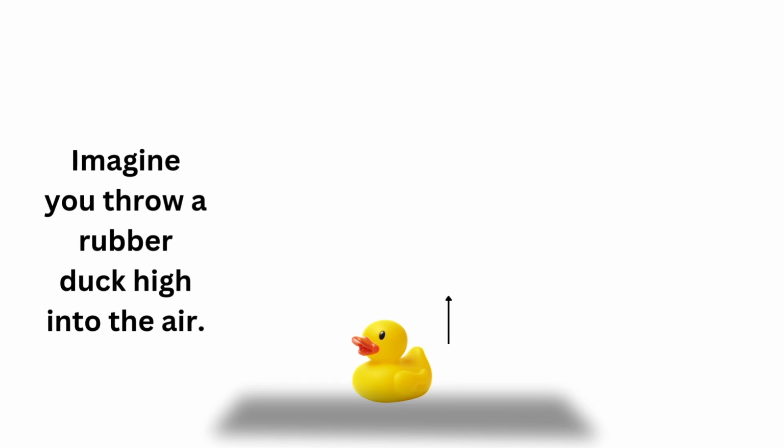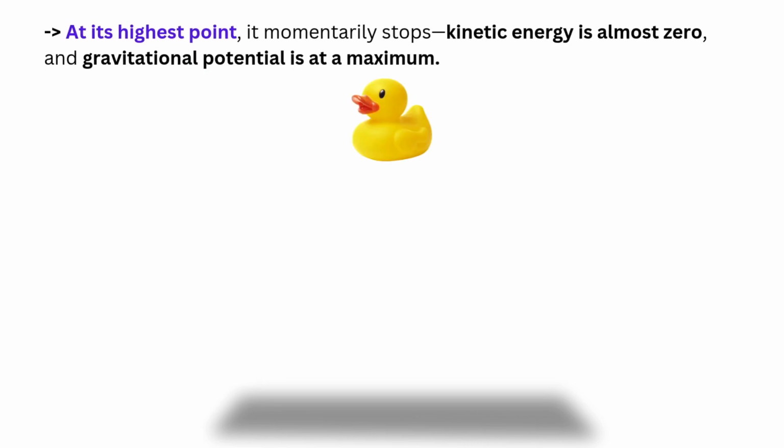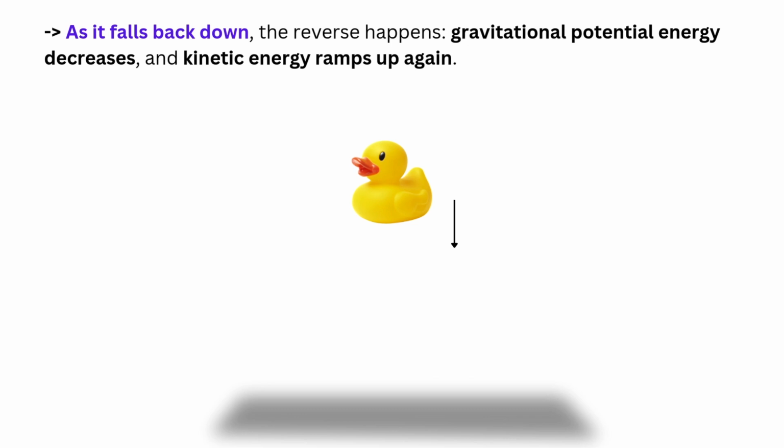Imagine you throw a rubber duck high into the air. As it rises, kinetic energy decreases while gravitational potential energy increases as it's getting higher. At its highest point, it momentarily stops, kinetic energy is almost zero, and gravitational potential is at a maximum. As it falls back down, the reverse happens, gravitational potential energy decreases, and kinetic energy ramps up again.